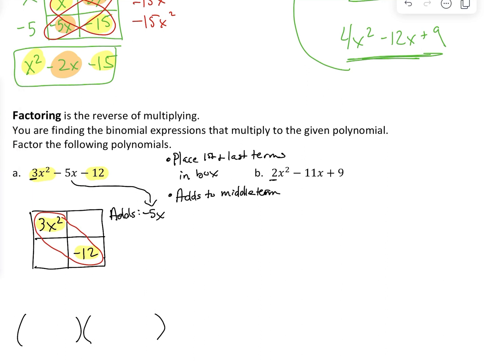So what I'm looking for is what multiplies to be a negative 36x squared, and adds to, I'm going to say, the product of first and last term.